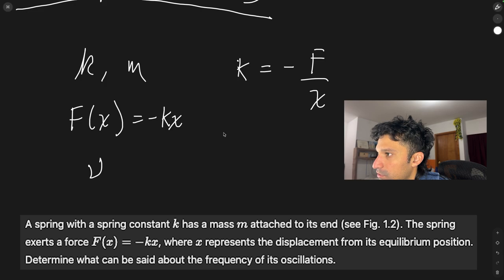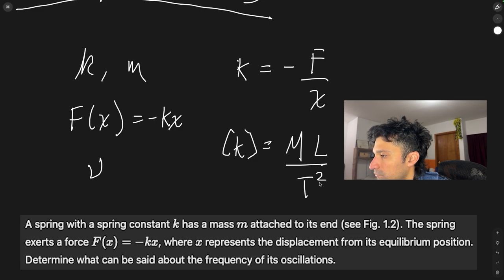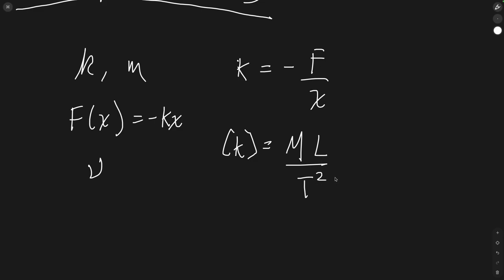And the dimensions of k then should be the dimensions of F, which is newtons, which is mass times acceleration, and then we have an L down here, right?